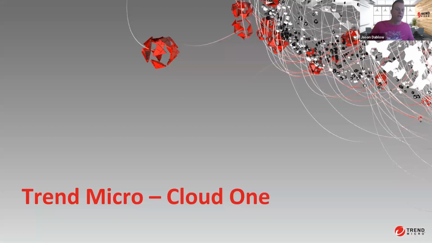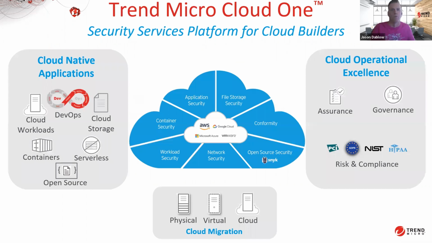With that, let's take a quick glance at the platform that we'll be working with today, called Cloud One. It is a security services platform that's specifically focused on what builders are building in a cloud environment and really focused on 3 main use cases that you see along the outside. Whether it's going through a cloud migration and moving infrastructure up into a cloud environment, or perhaps your teams are starting to build cloud native applications with cloud native resources, or even developing CCOE, Center of Cloud Excellence, or Cloud Operational Excellence programs within your organization.